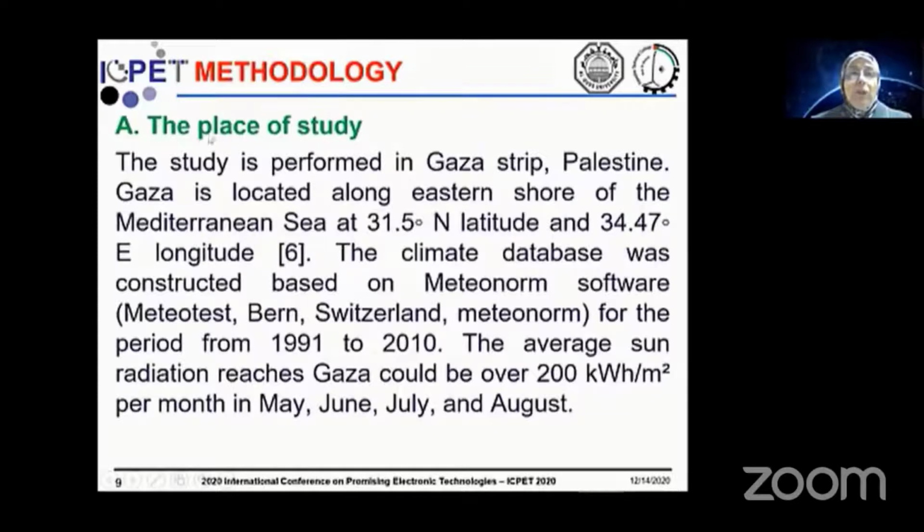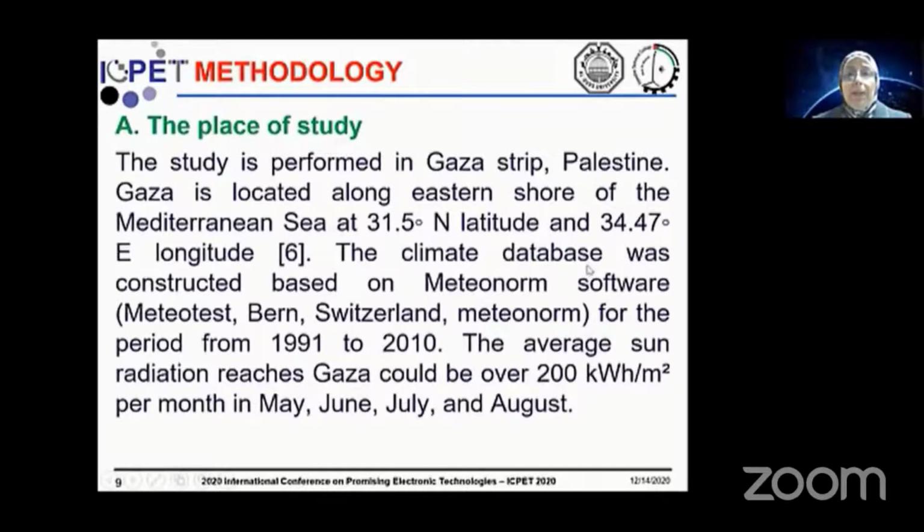The methodology: we start with the place of the study. Gaza Strip, the focus of this study, is part of Palestine and is located along the eastern shore of the Mediterranean Sea at 31.5 north latitude and 34.47 degree east longitude.